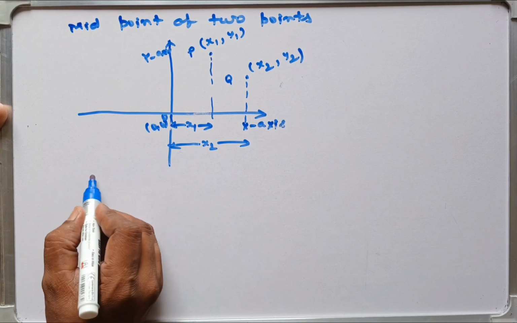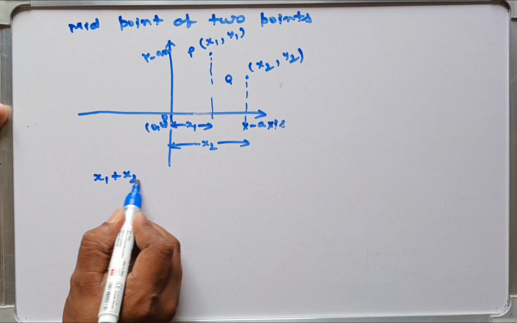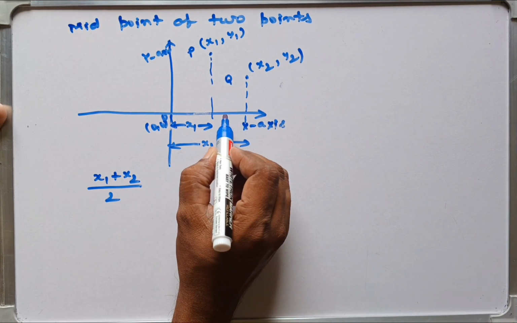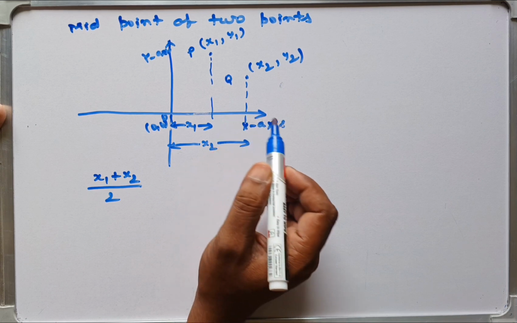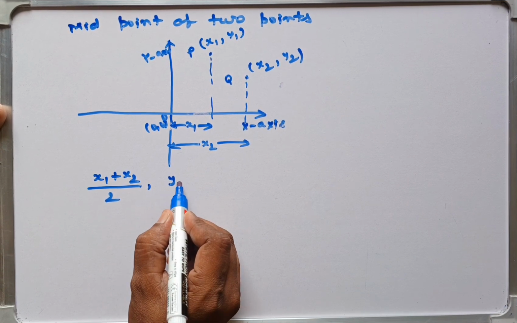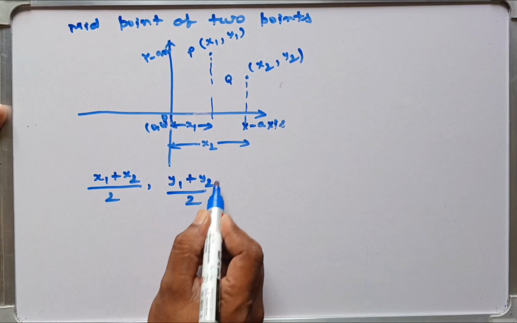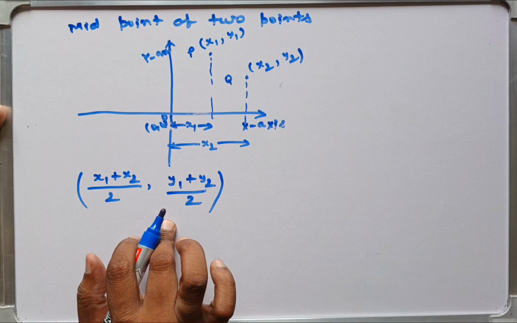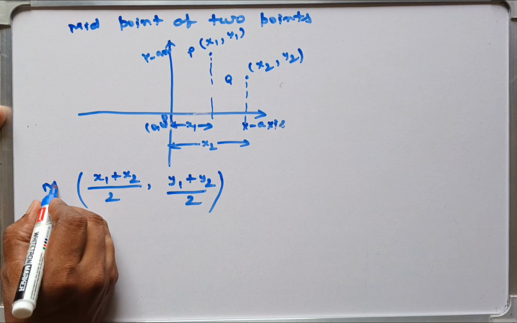Okay, so if we add x1 plus x2 and divide by 2, then it will give the x coordinate of the midpoint. Okay, for the y coordinate, y1 plus y2 divided by 2 will give you the y coordinate of the midpoint. Say this point is M.